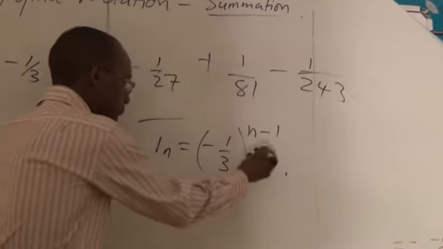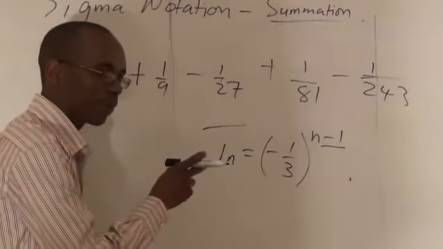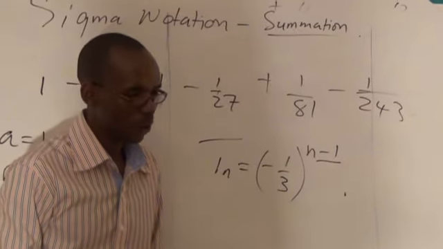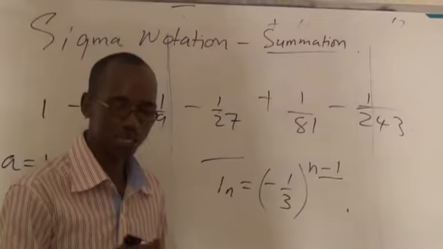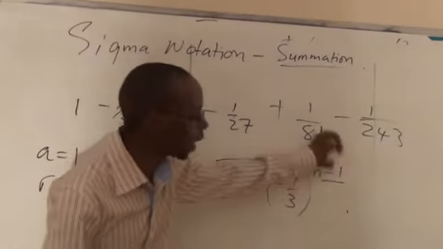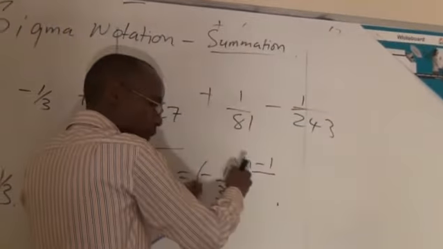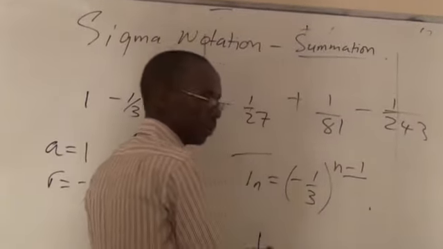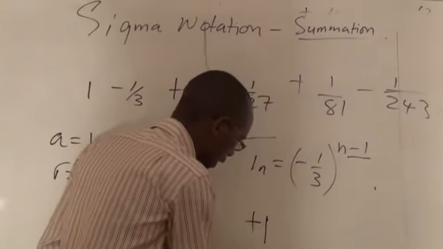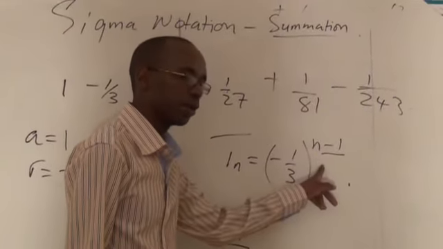If my power is even or 0, this is what we see. Let's say my power is 0, so n minus 1 is 0. Minus 1 over 3 to the power 0 will be 1, and I want you to take note that 1 is positive. Let me say this power is even again.